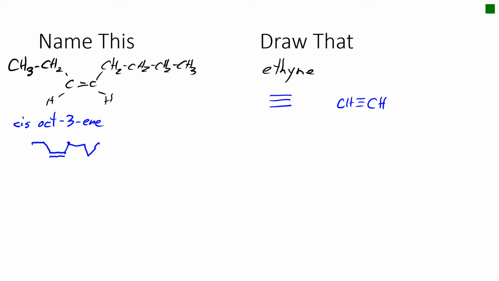I'm going to give you this time a line structure for you to name. Do it as some black, so it's got a double bond there. As soon as you get into multiple double bonds, we don't have to worry about the cis and trans.